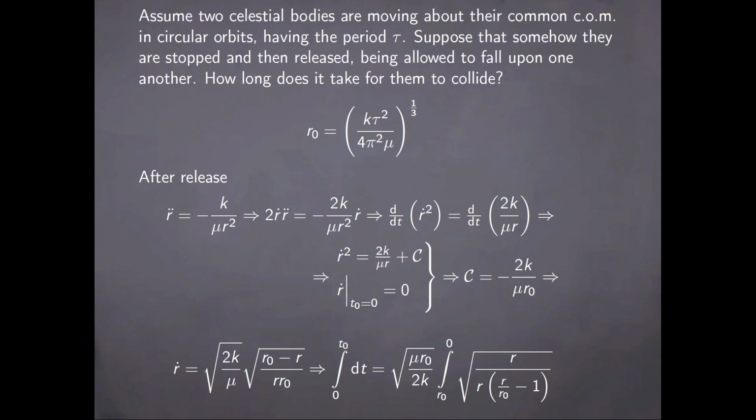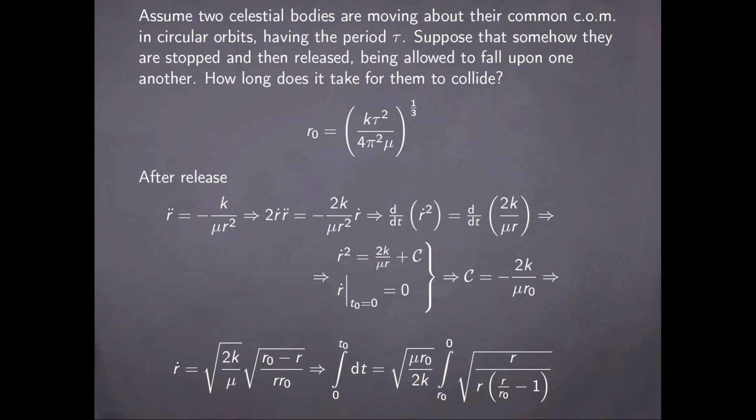So we multiply both sides by 2 times the radial velocity, and then we can immediately perform the integration here, which implies that the square of the radial velocity is this quantity plus a constant, and this constant can be determined from the condition that the radial velocity is originally zero.